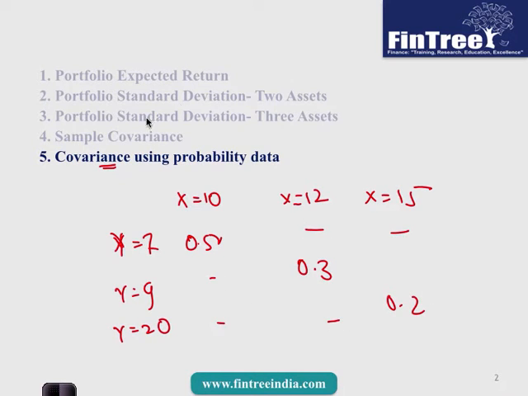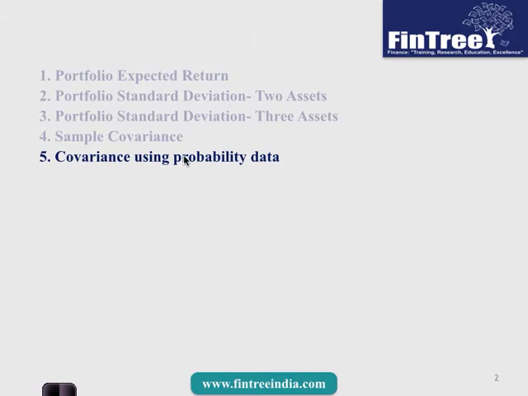Then with this data, the formula that we would be applying is the summation of probability times x minus x bar times y minus y bar. We would not be dividing this value by n because we have already multiplied with p, and this x bar and y bar will not be simple arithmetic averages, those would be weighted averages. Are we good to go ahead?